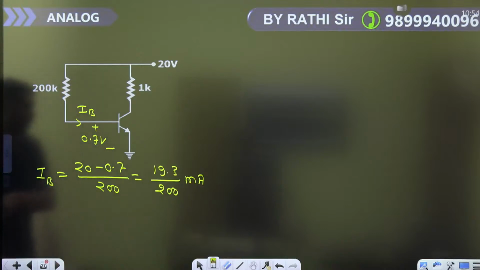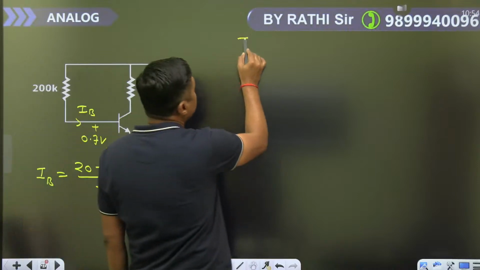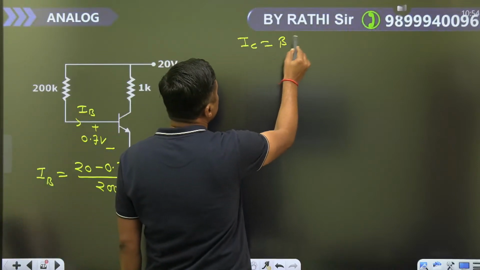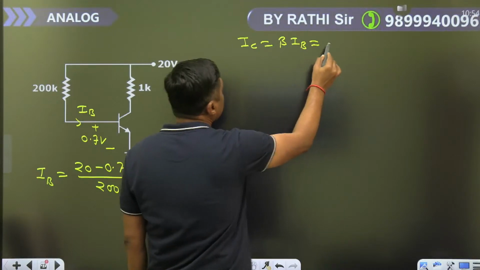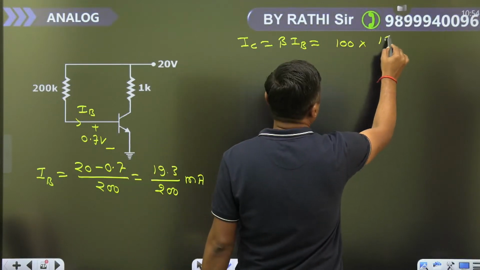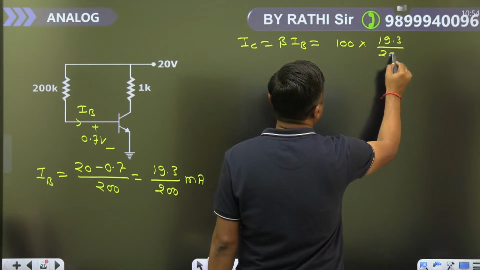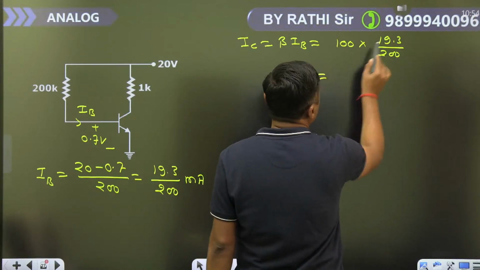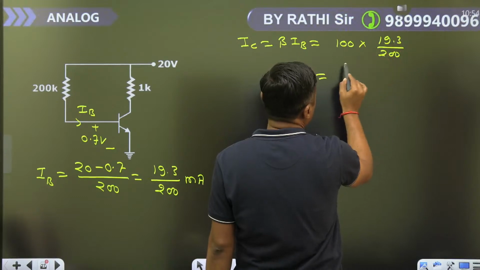Now, what is the IC? IC is equal to beta IB in the active region. It is multiplied with 100 times 19.3 divided by 200, and then 19.3 divided by 2.